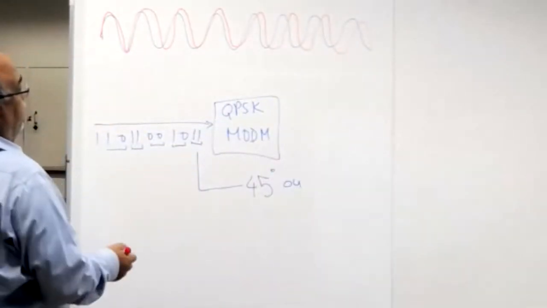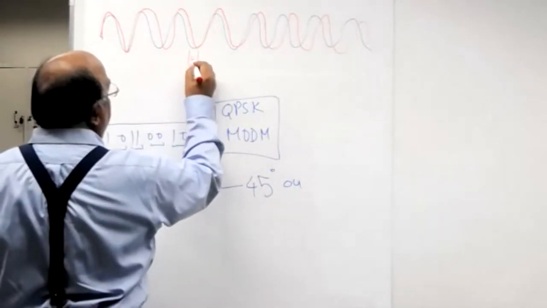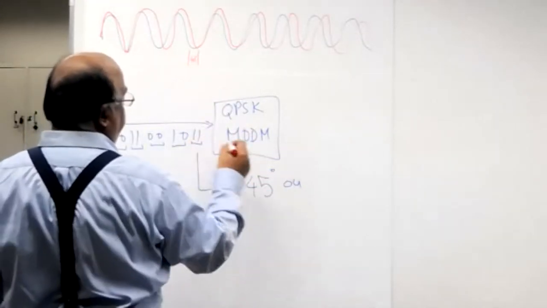So this receiver end will see that if the signal is 45-degree out of phase, it will say I am receiving 1 1.